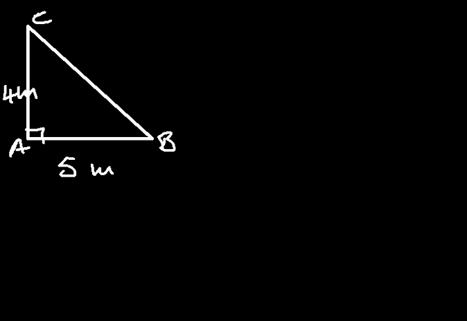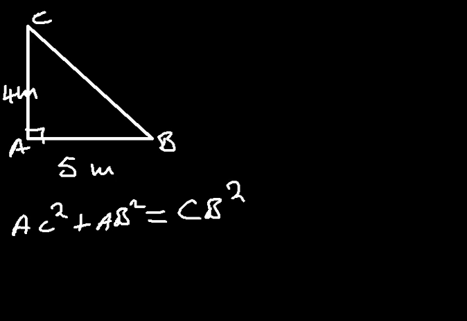So now we're going to use the Pythagoras theorem. In this case, it is stated that AC square plus AB square will be equal to CB square. That is according to the Pythagoras theorem. What is the AC? We have it as 4 meters.